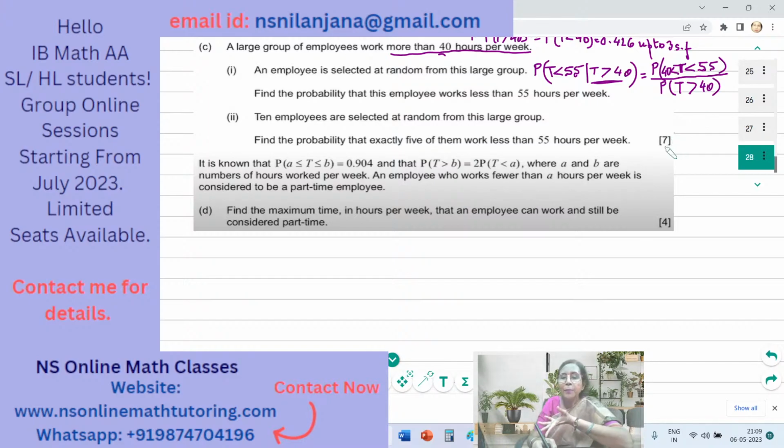This is the conditional probability formula. We know the denominator value. We have to find the numerator. So let us find the numerator.